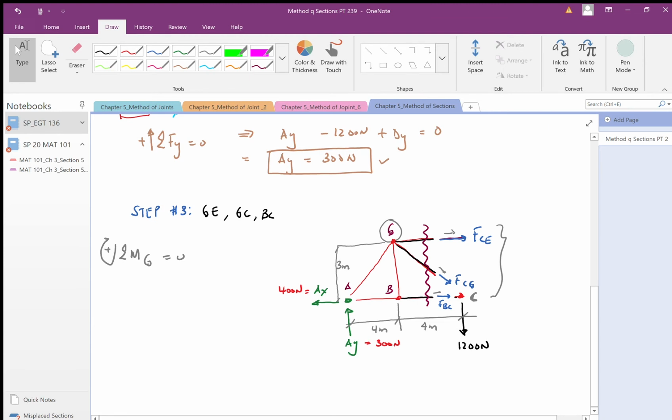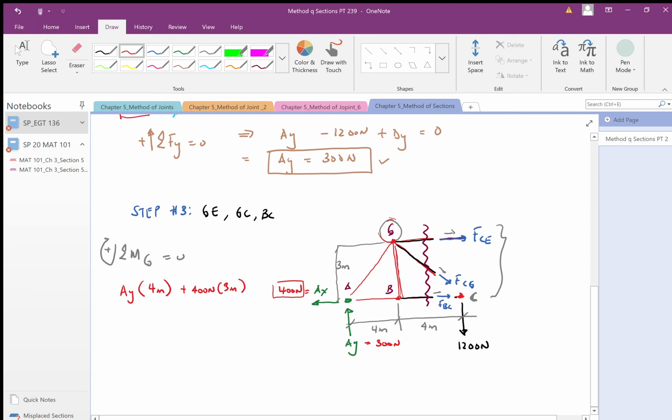So this is about point G, and I'm going to take my moment about point G. It's going to be AY times 4 meters. Then I have a 400 Newton force here, and that is 3 meters away from G, and that's going to go positive, plus 400 newtons times 3 meters.